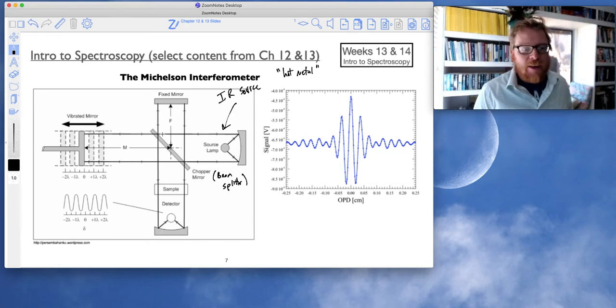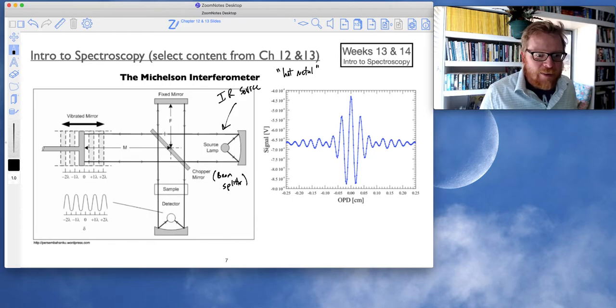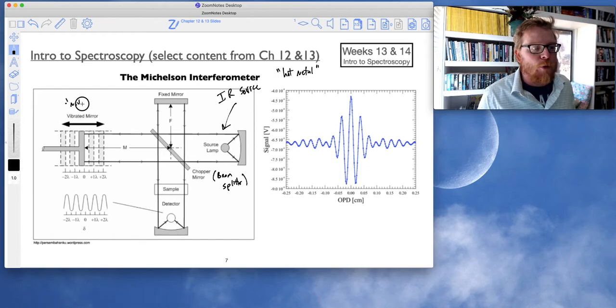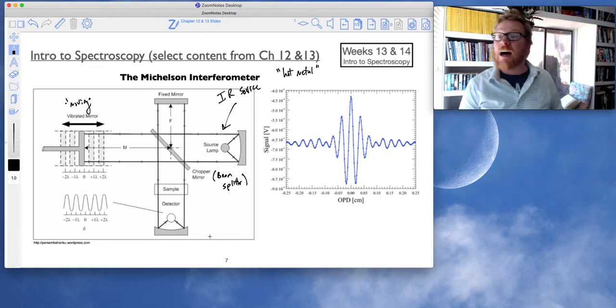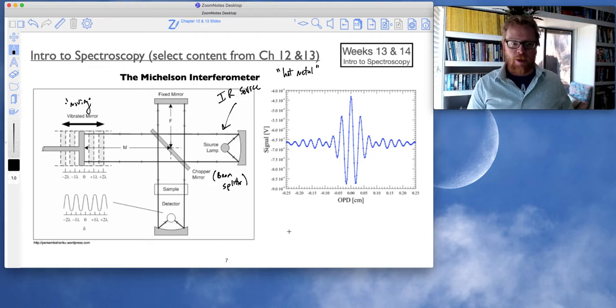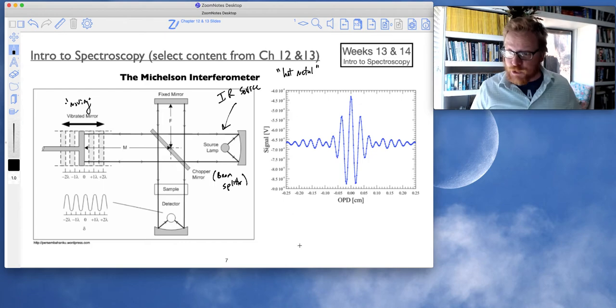And similarly, when this light that transmits through the beam splitter hits this vibrated mirror, or sometimes we just call it the moving mirror, it will also come back and hit this angle and come down through the sample, right? So like I said, it's a convoluted beam path where there are lots of opportunities for destructive interference and constructive interference. And that is precisely how the technique works, okay?